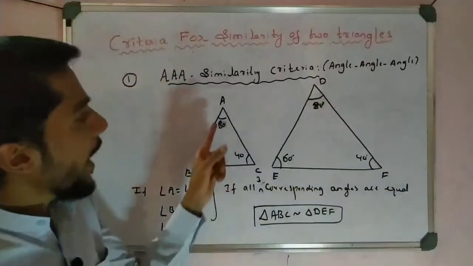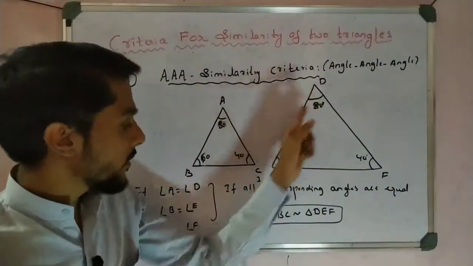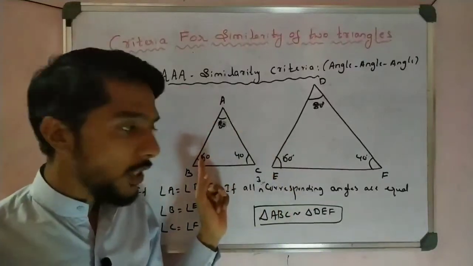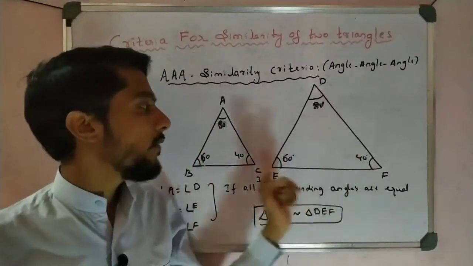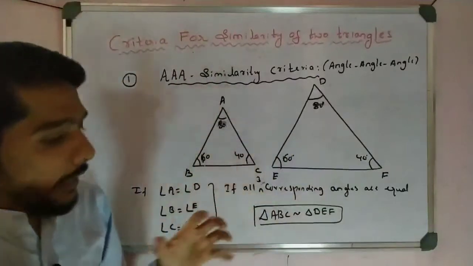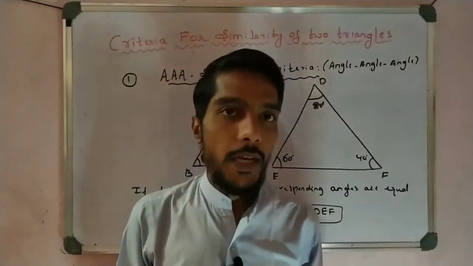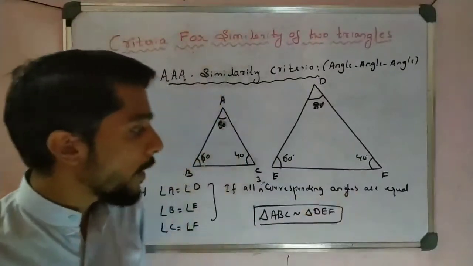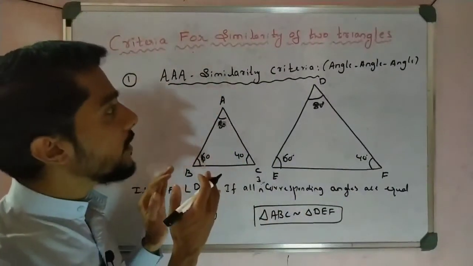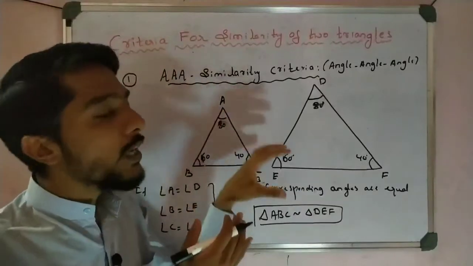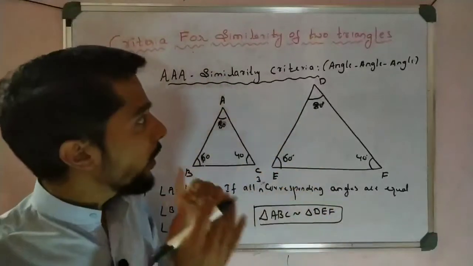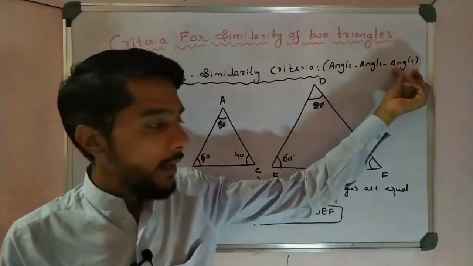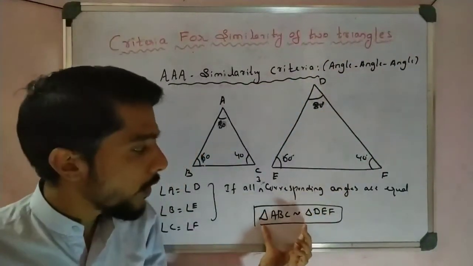So angle A equals angle D, corresponding angles are equal, angle B equals angle E, that is 60, and angle C equals angle F, that is 40. Therefore, if in a triangle you observe that the corresponding angles are equal, then by using this theorem, if the three angles of two triangles are equal, we apply the angle criterion and say that ABC is similar to DEF.